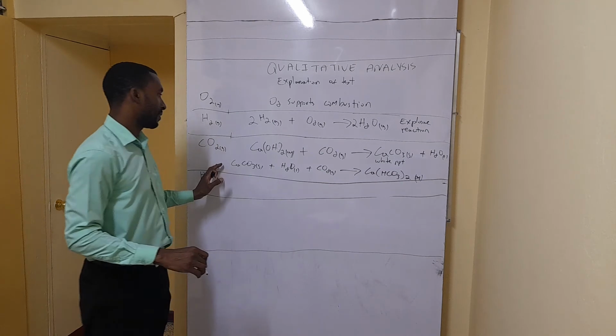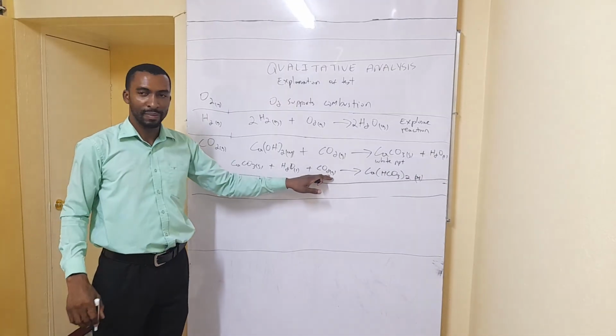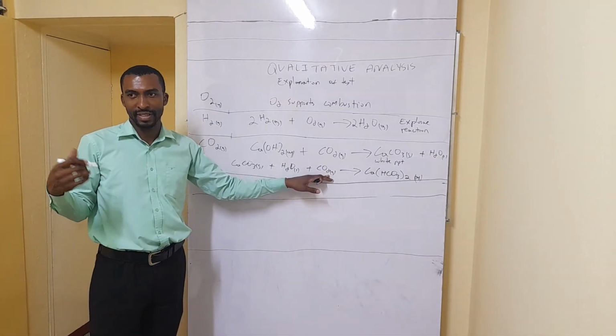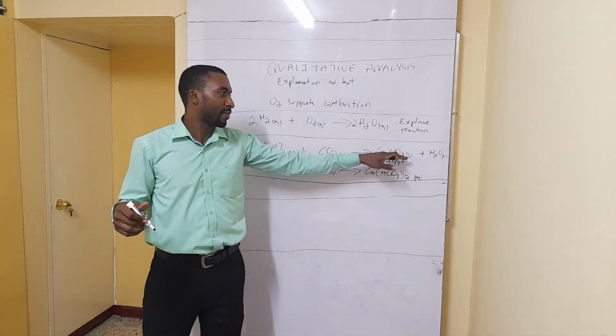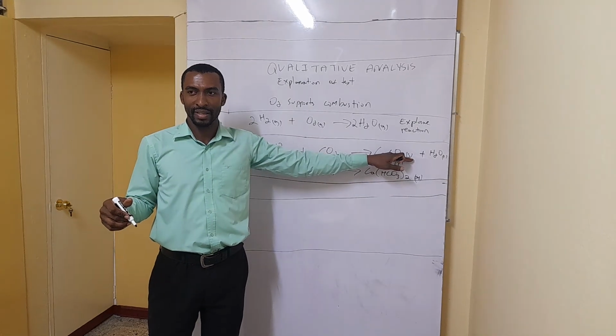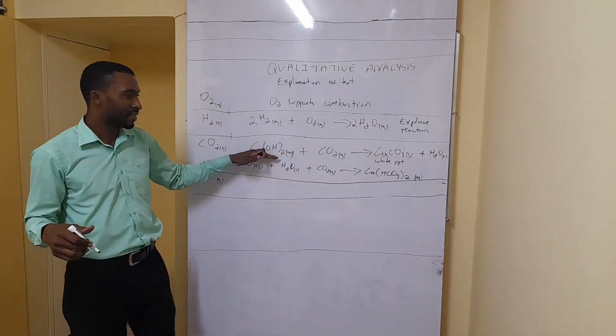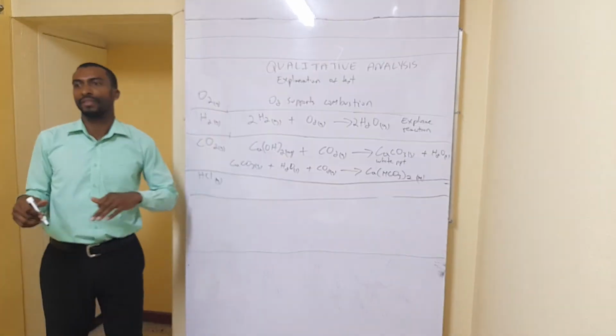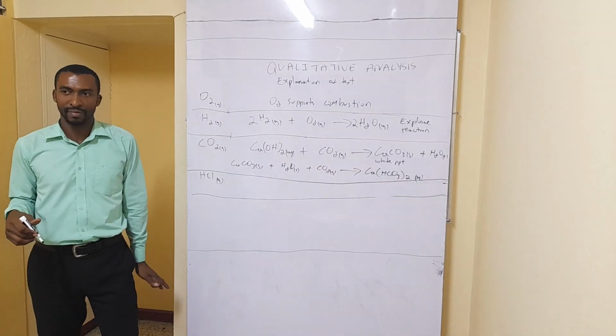So if we continue to bubble the carbon dioxide gas, the precipitate from the calcium hydroxide will dissolve to form calcium hydrogen carbonate.